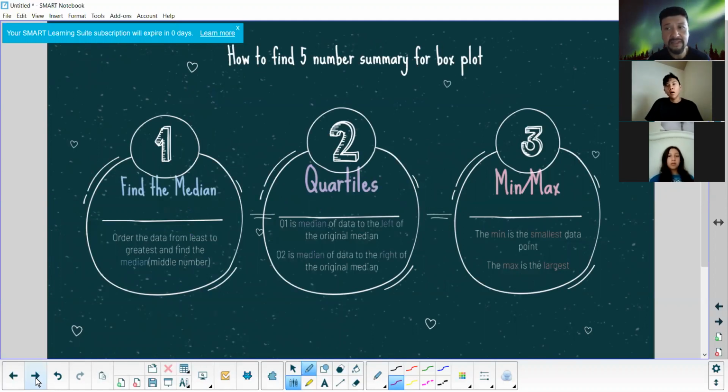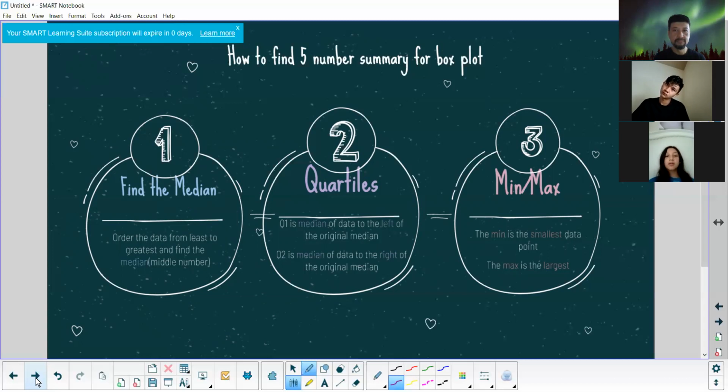This is one thing that's very important. Let's read what it says here. How to find a 5-number summary for a box plot. Number 1, find the median. Order the data from least to greatest and find the median, the middle number. Number 2, quartiles.